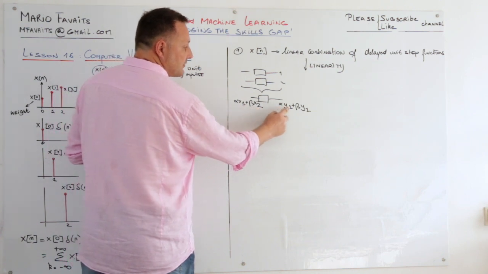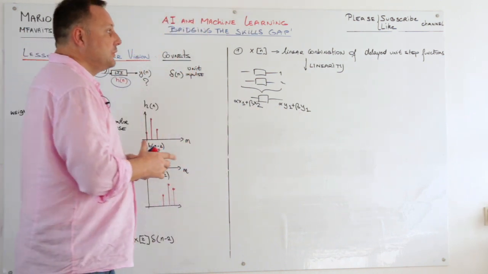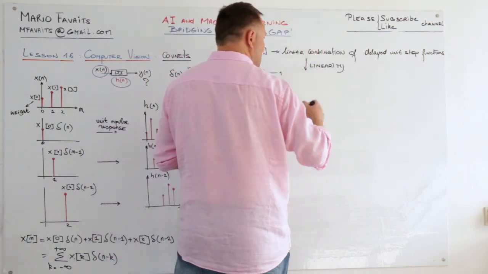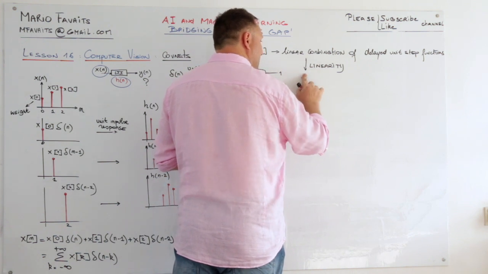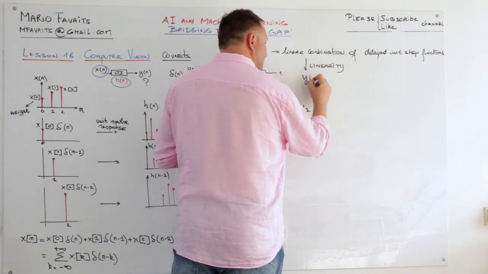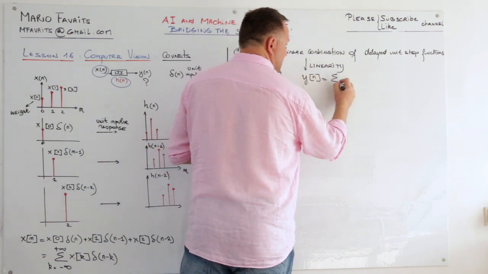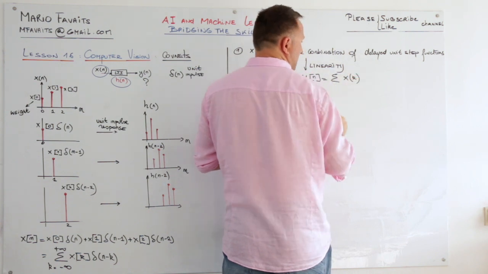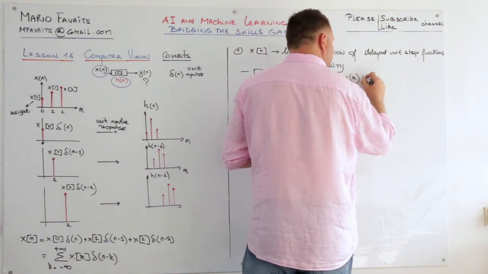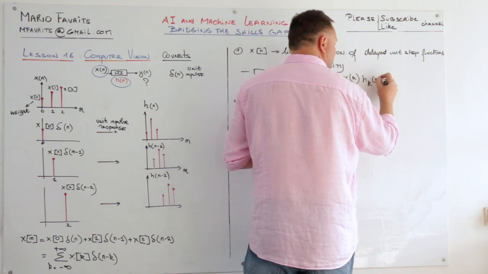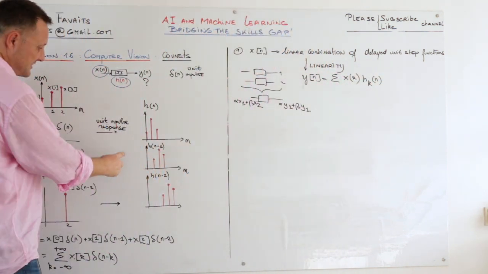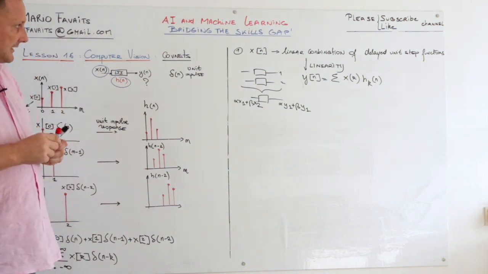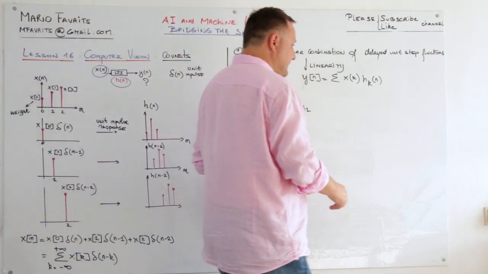But we know the response to that unit step function. So y of n is now a linear combination of x of k, and the response to that unit step function is h_k of n. This is the response to these unit impulse functions, by linearity.